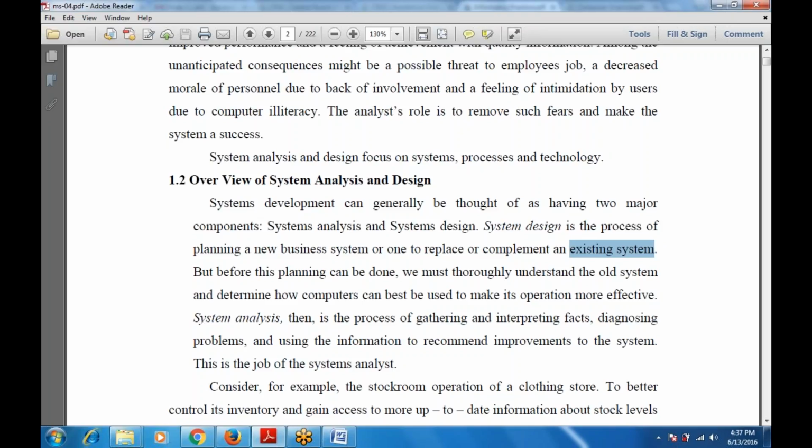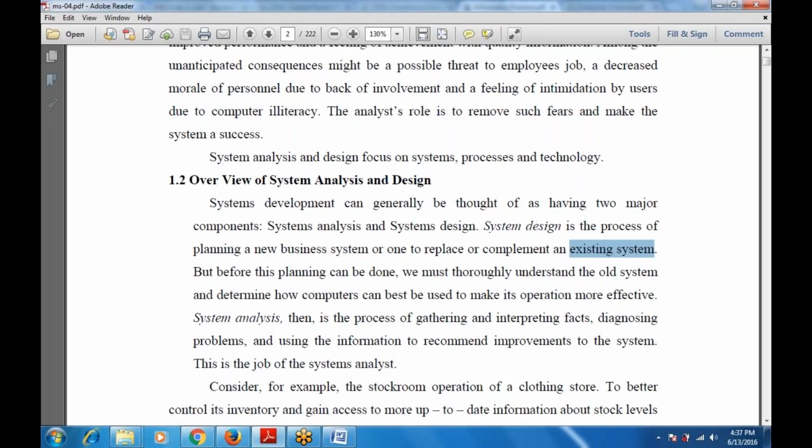So nothing is new between the old system and the new system, but the major difference is the computers and the IT requirements. The next one is system analysis. That is a process of gathering and interpreting the facts, diagnosing the system or problems, and using the information to recommend improvements. That is the same concept that I have told you right now.